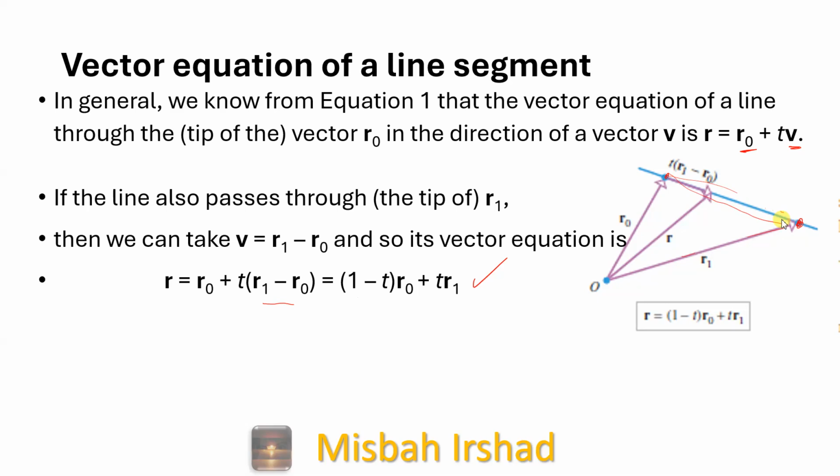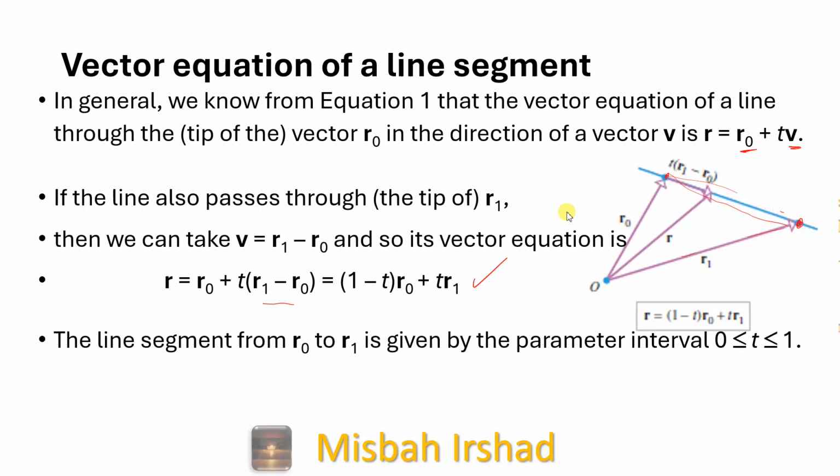So this is the vector equation of the line segment joining two points. t should lie between 0 and 1. Within this interval, we'll get the points between these two points on the line.